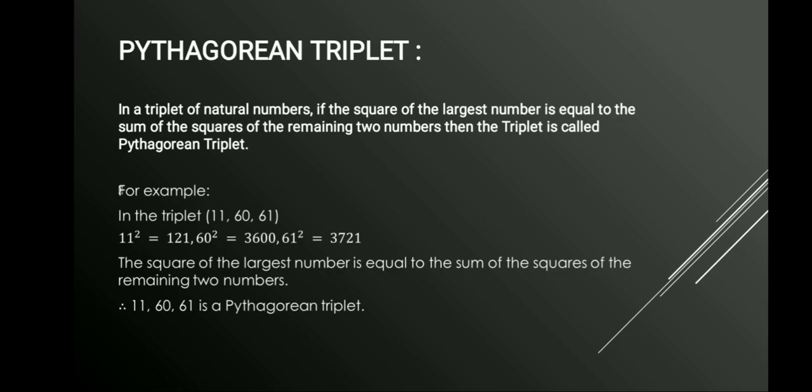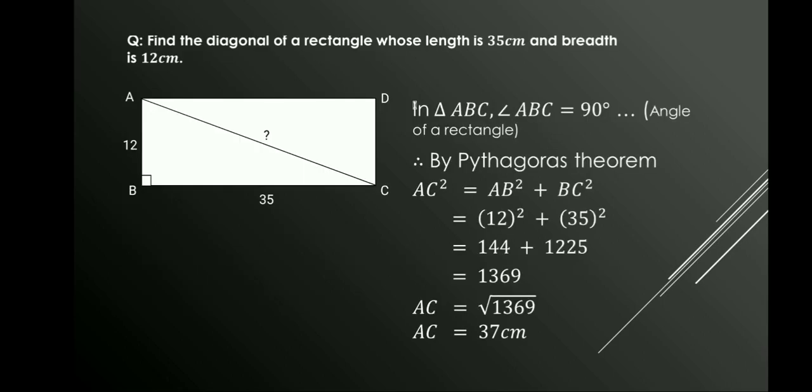Now let's consider one example based on Pythagoras theorem. So let us solve the example. Here the question is, find the diagonal of a rectangle whose length is 35 cm and breadth is 12 cm. Let us first consider a rectangle.